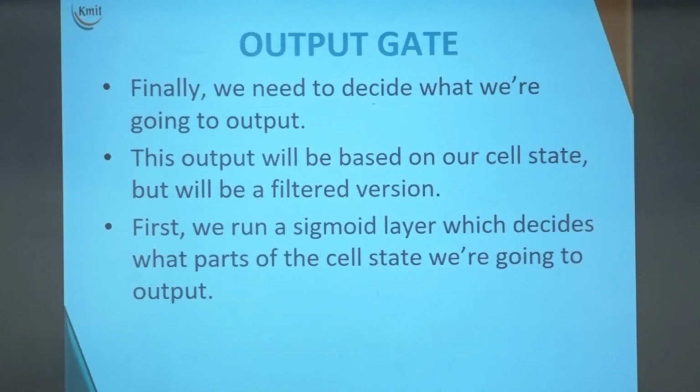Now what is the next one finally? Output gate. So output gate will decide what we are going to output. This output will be based on our cell state, but it will be a filtered version. Why? Because we will first run a sigmoid layer which decides what part of the cell state we are actually going to give as output.